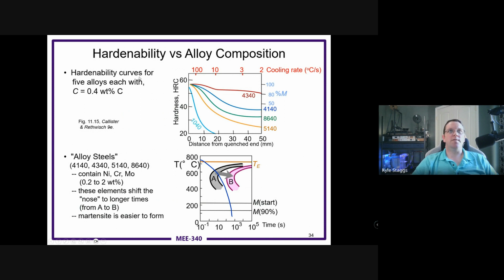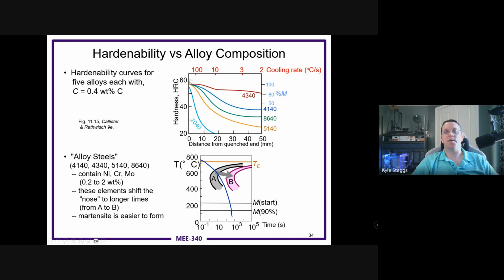So hardenability for 5 different alloys with this 0.4 weight percent. This is a 5140. This is an 8640. And a 4140. So each of these are different materials. So the cooling rate changes as a function of distance from the end.